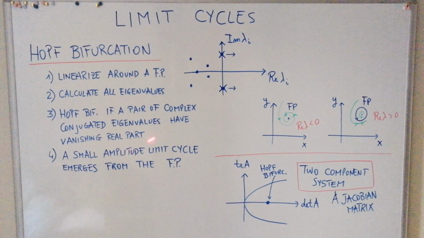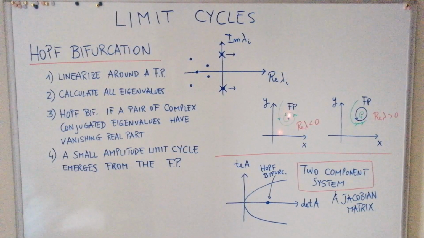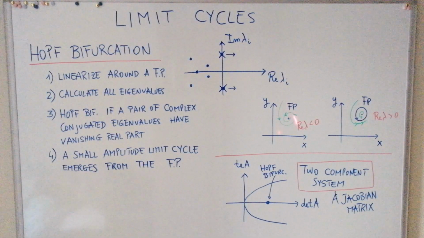So the Hopf bifurcation theorem says that a small amplitude limit cycle emerges from the fixed point once you cross this bifurcation point. For instance, the situation is depicted here: when the pair of complex conjugated eigenvalues have real part smaller than 0, there is no limit cycle, the system has a stable spiral as a fixed point, and this is shown in this example here.